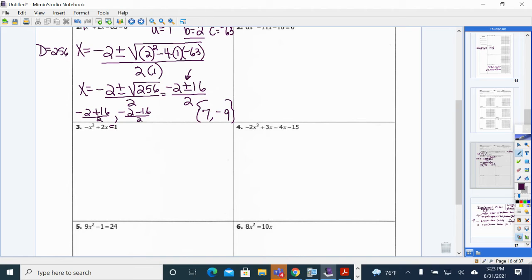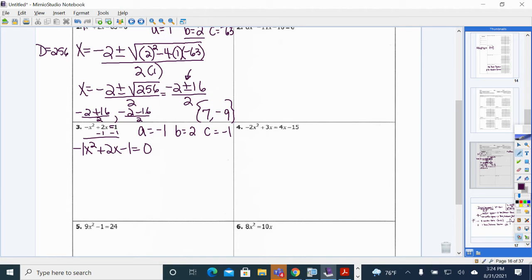So we're going to subtract the 1 from both sides to get the 0 on the other side. Now that I've done that, I can identify the A. A is -1, B is a +2, and C is -1.